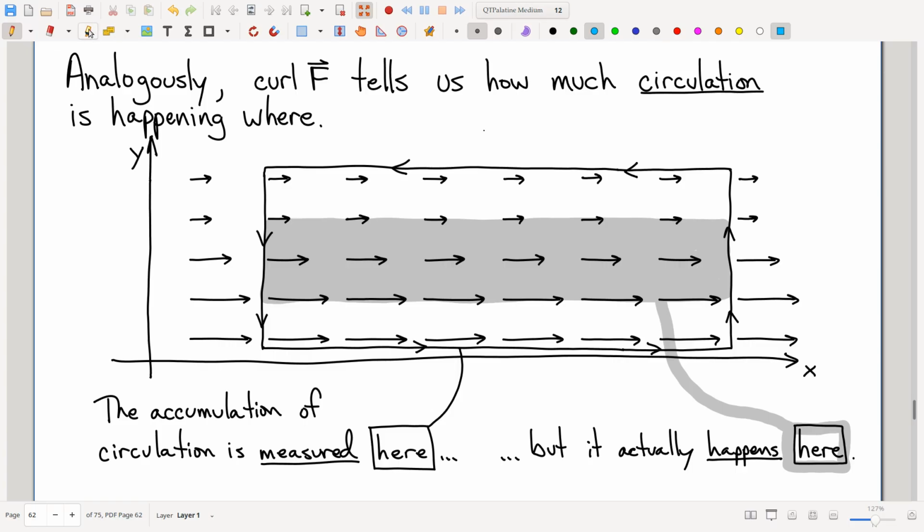Imagine, for example, y'all remember I like to visualize circulation as how do leaves floating in the fluid rotate? So here's a little leaf. Let's plop that leaf down right there. And now, of course, let's think of the vector field as being a flow of water. The flow is going to make that leaf go to the right.